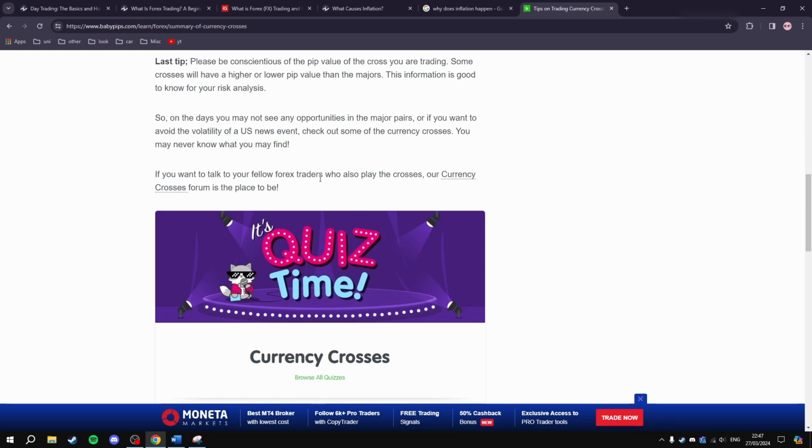Last tip, please be conscious of the pip value of the cross you're trading. Some crosses will have a higher or lower pip value than the majors.